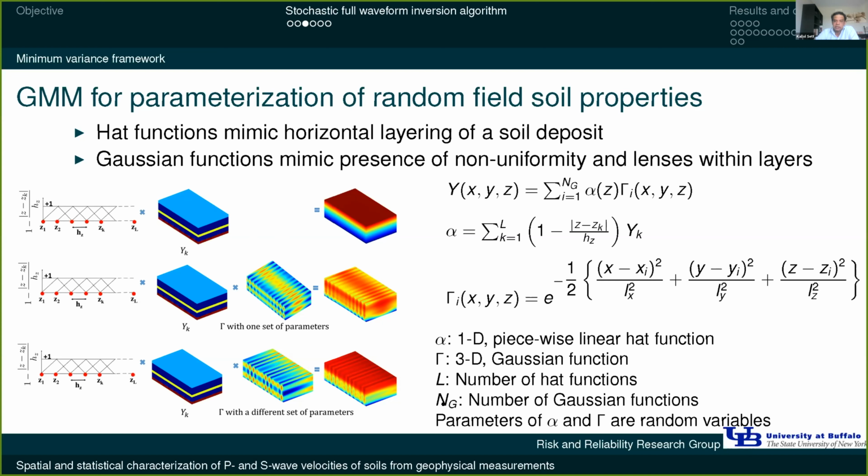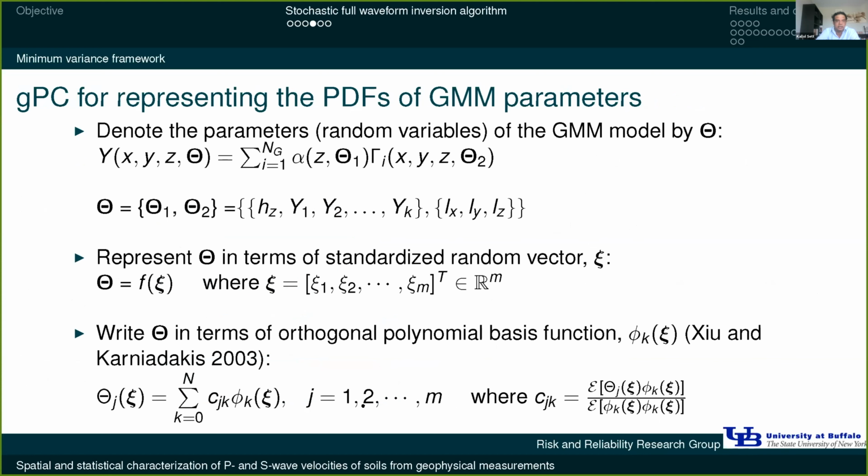Now, the parameters of these Gaussian and hat functions are both random variables. So the bottom row here shows when you use another set of Gaussian parameters, then we get a very different type of soil deposit here. So now the minimum variance framework will tell us among all possible values which one is the true one for the site given the measurements.